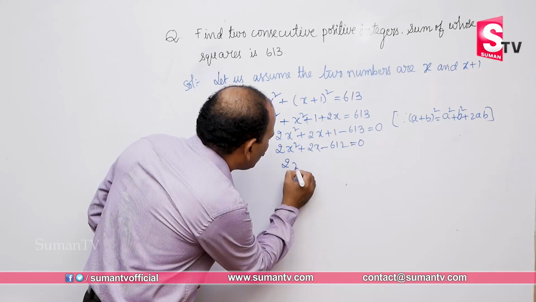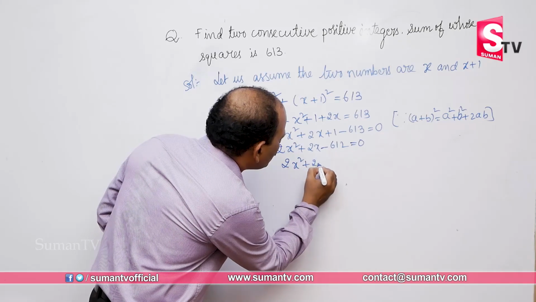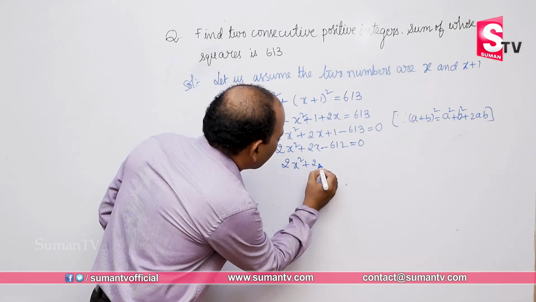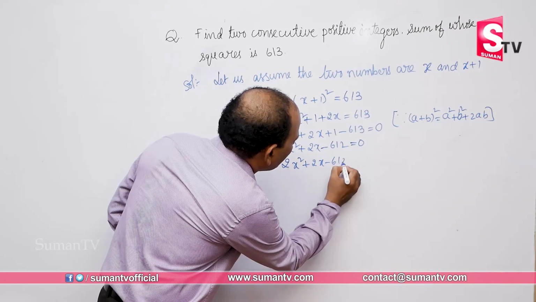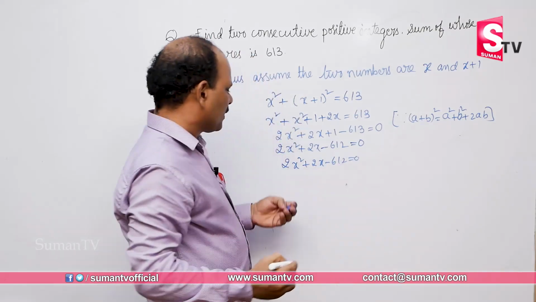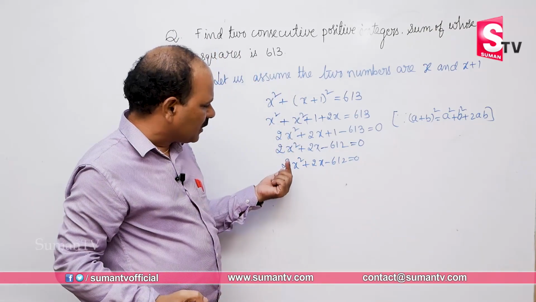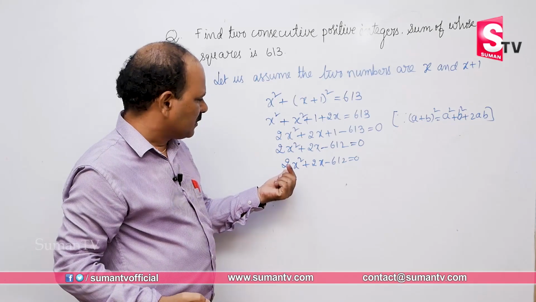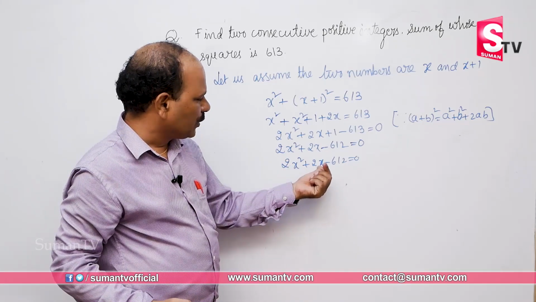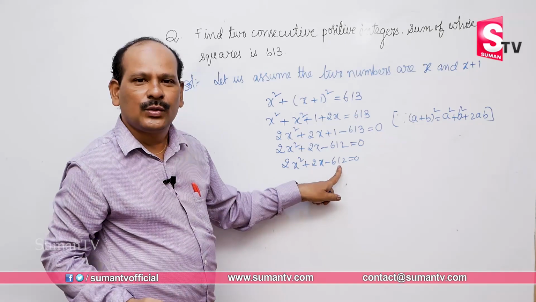Now 2x square plus 2x minus 612 is equal to 0. Now every term is having 2. 2x square, 2x, it is also a multiple of 2.